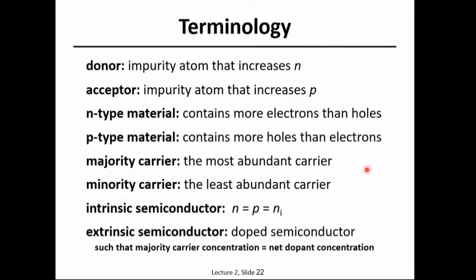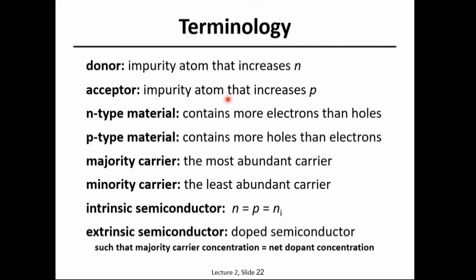So now we reach some notation or terminology, and I will go over what we have done. We said a donor is an impurity atom that increases N, being doped into the material and found in the conduction band.